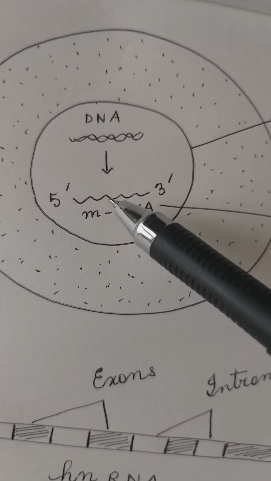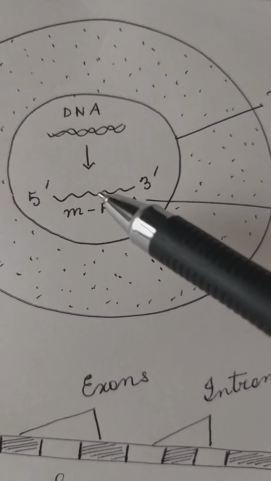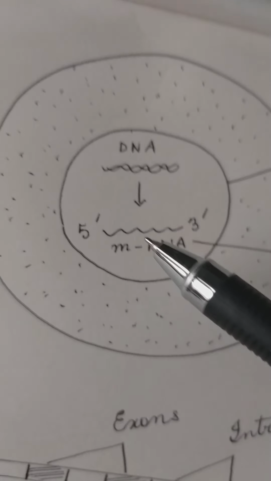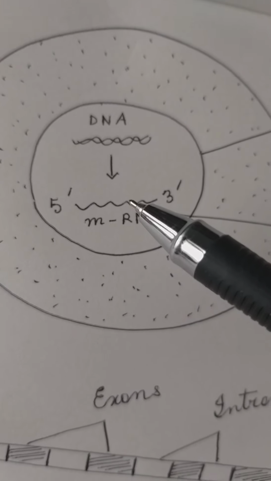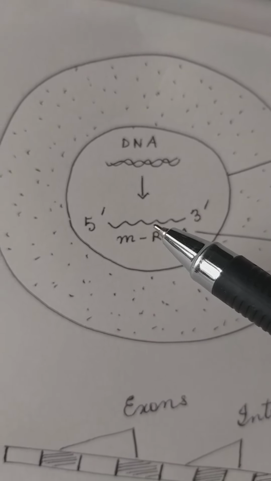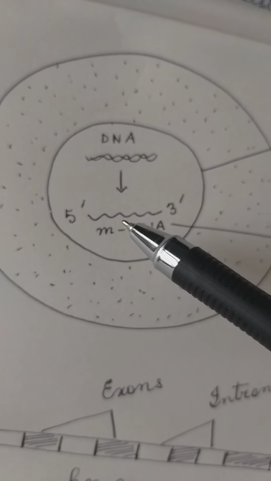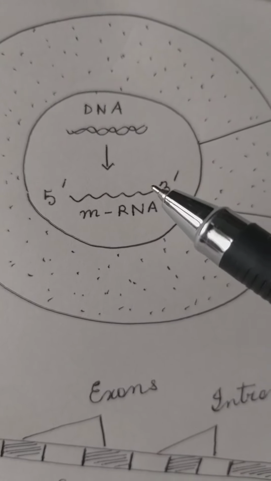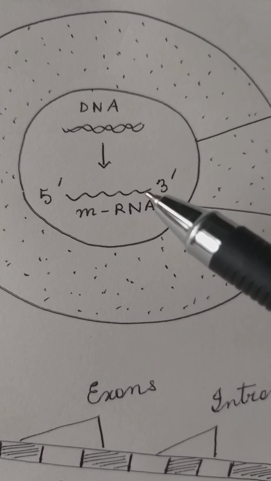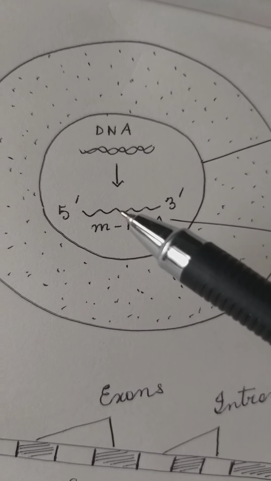This primary transcript or hnRNA is not mature, it is not functional, it is not active. It cannot translate polypeptides. It cannot start protein synthesis because it is immature. To become mature, the primary transcript, the newly formed mRNA, is processed.